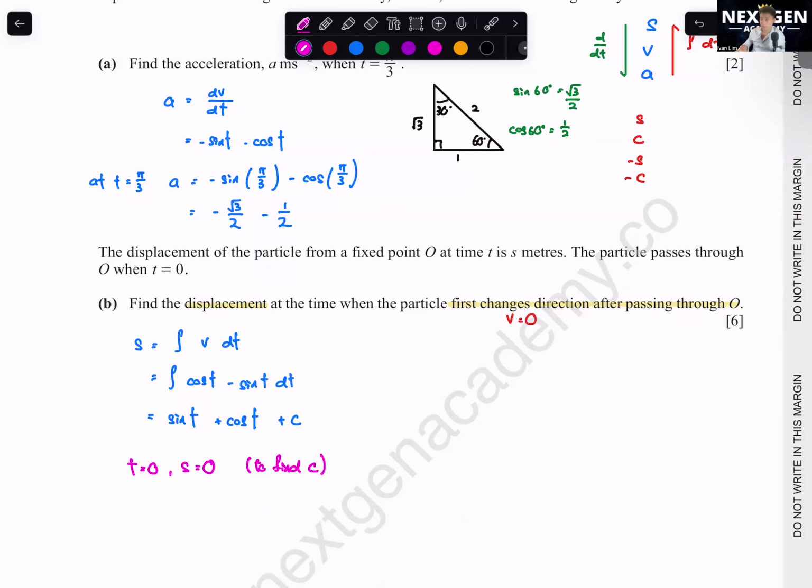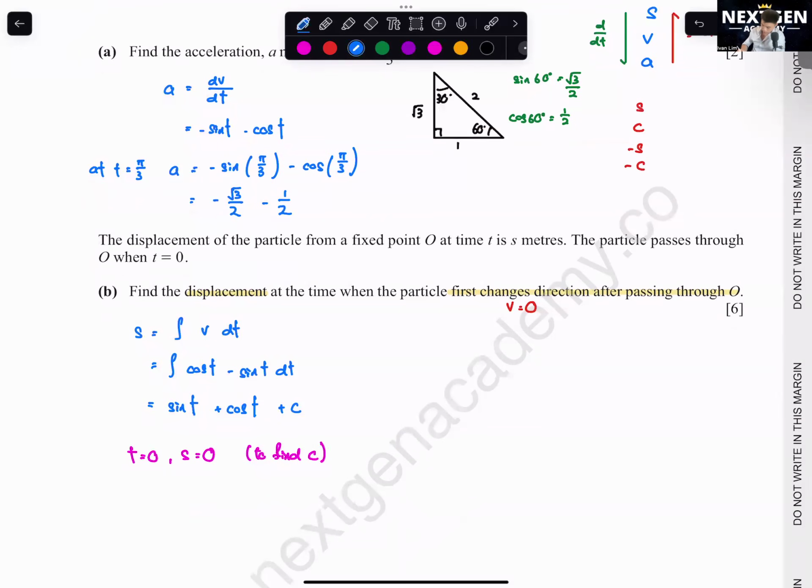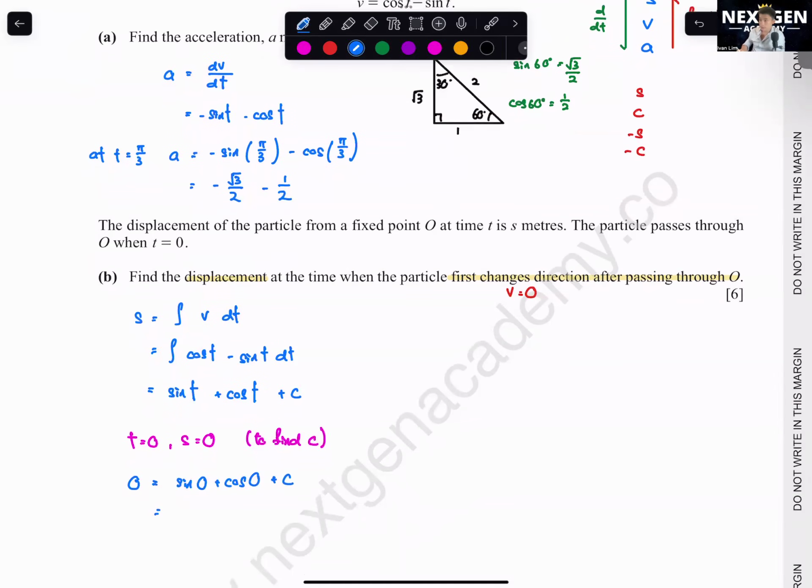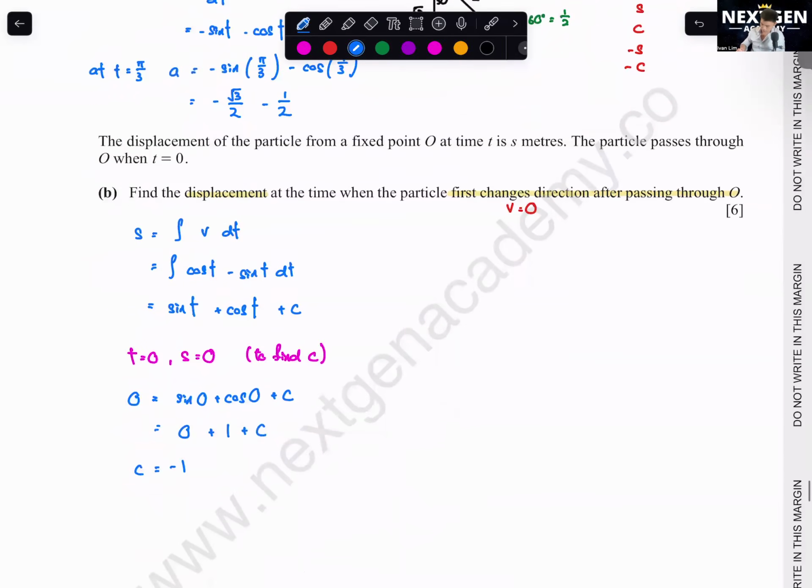So 0 equals sine 0 plus cos 0 plus c. Sine 0 is 0, cos 0 is 1, therefore c is equal to negative 1. Okay, so s is equal to sine t plus cos t minus 1.